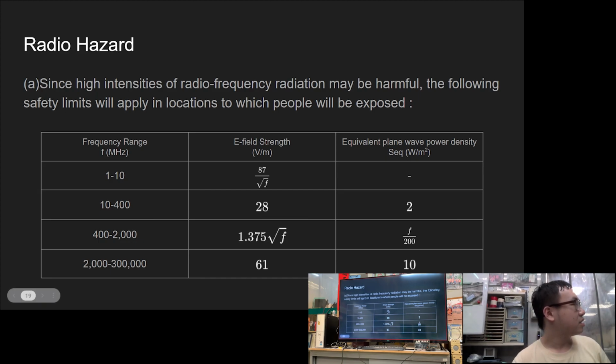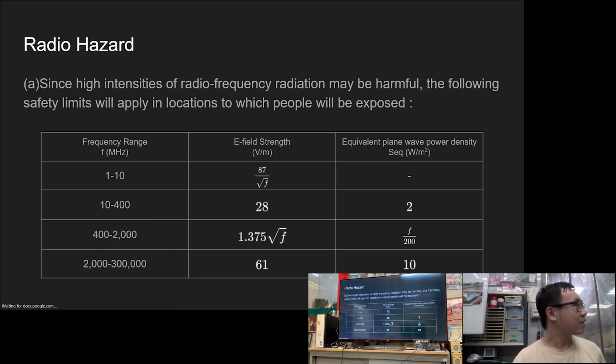And so you see that it is actually like a U shape, right? In this frequency range, the field strength you are allowed to be exposed to is much lower than at the very high frequency and the lower frequency. It looks like a U shape if you really make the calculation. These are the metric numbers.